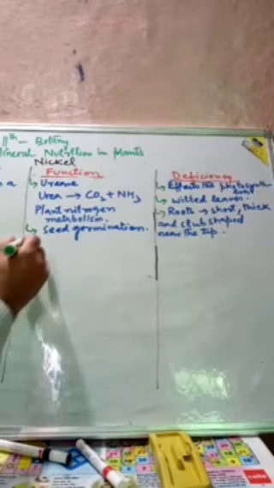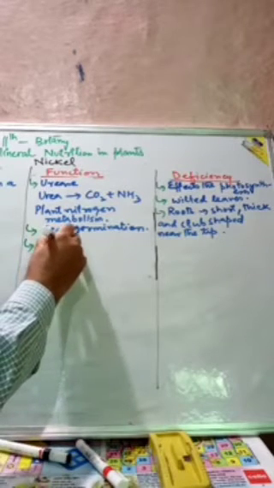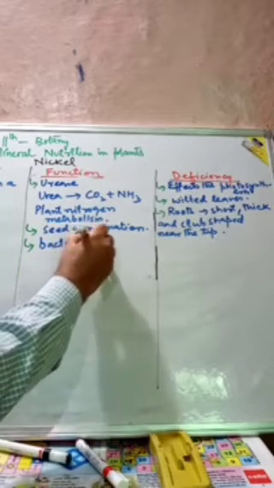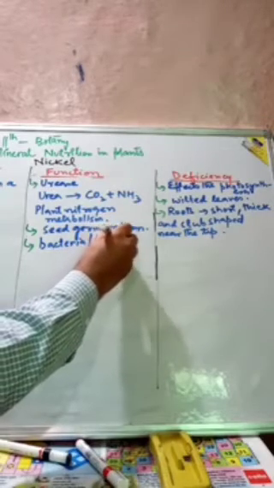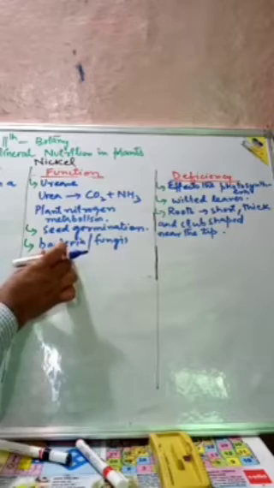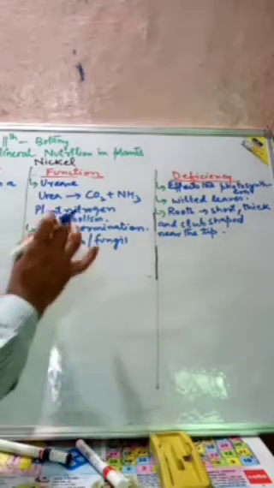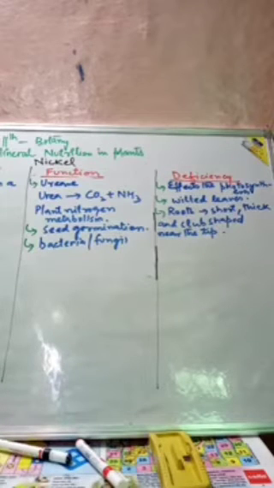Third, it is important for microorganisms like bacteria and fungi, which are both important for good plant growth.